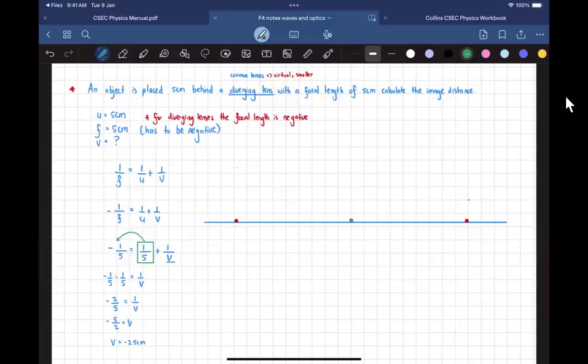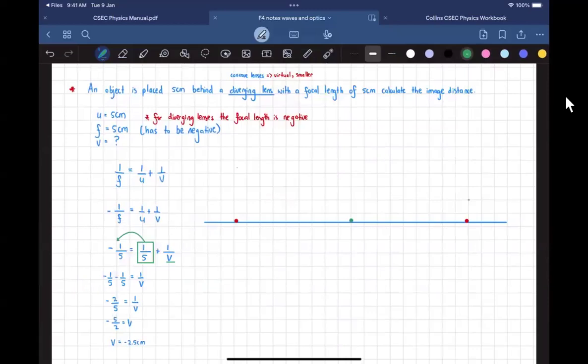So Nicholas, if I asked you if it was a magnification, would you tell me it was a magnification? For it to be a magnification, you have two ways you could figure it out. The image height is more than the object height, or the image distance is more than your object distance.